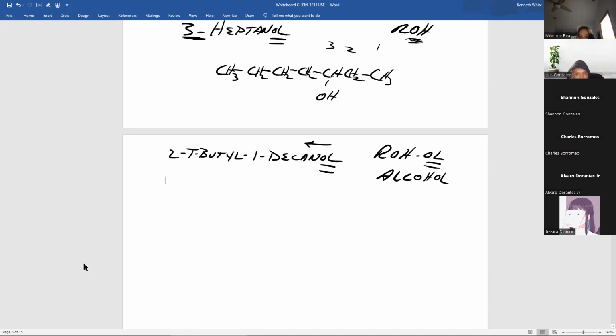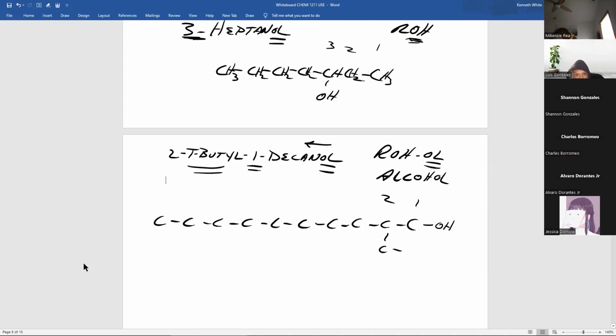If that were an E, decane, 10 carbons. And that's 10 carbons. Where's the hydroxyl group? On carbon 1. You have it pointing down or to the right. And if this is 1, this is 2, and it's got a tert-butyl group.